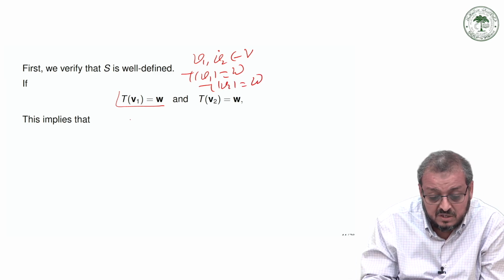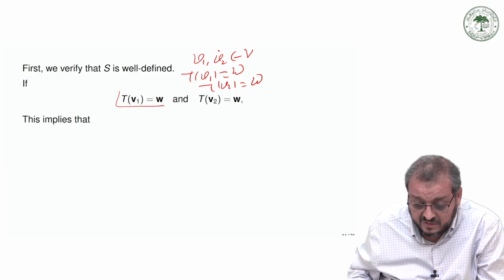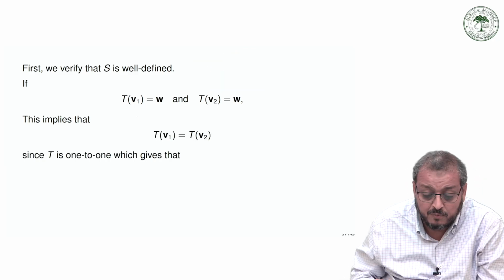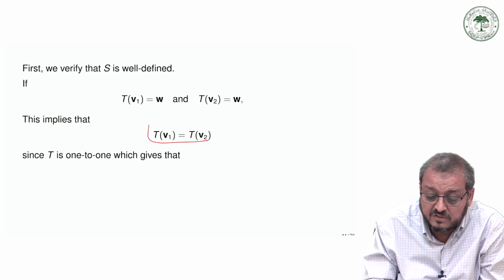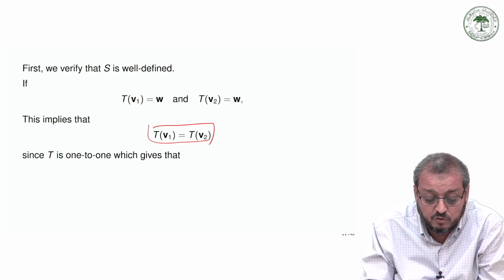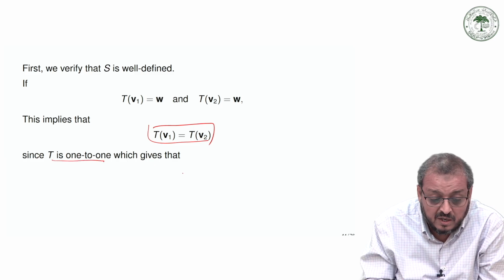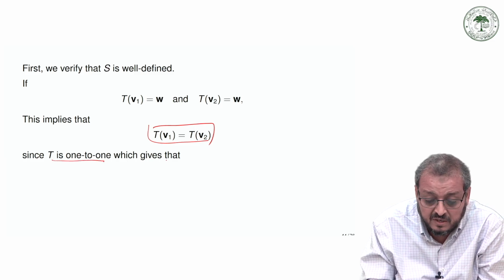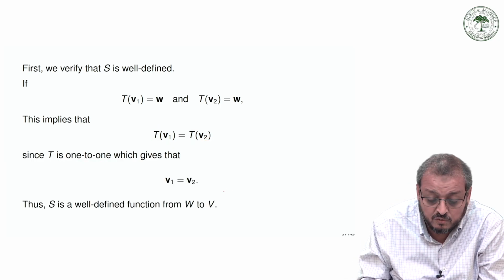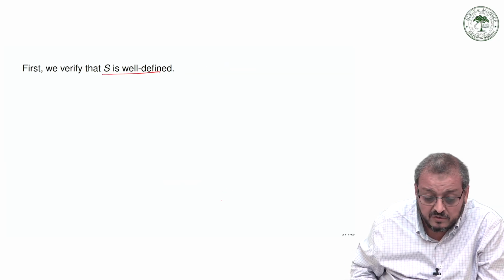Now this implies that there exists a map S. So we have S of T of V1 is equal to V2, but T of V1 is equal to T of V2 means T is 1 to 1, which gives V1 is equal to V2. This means S is a well defined function.